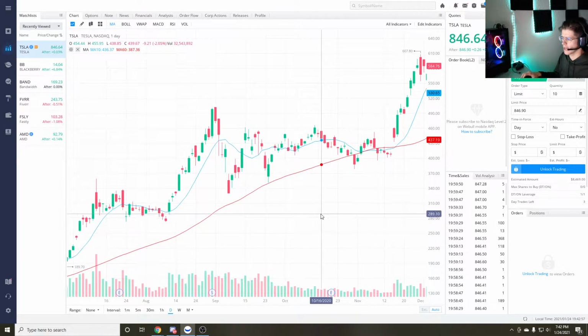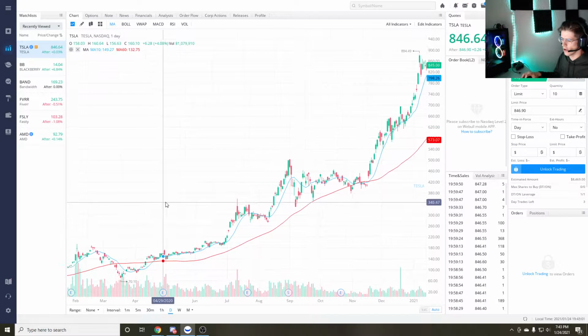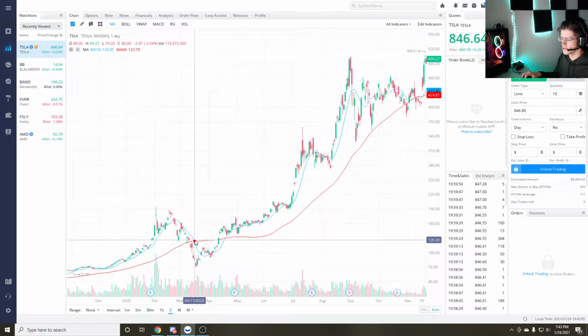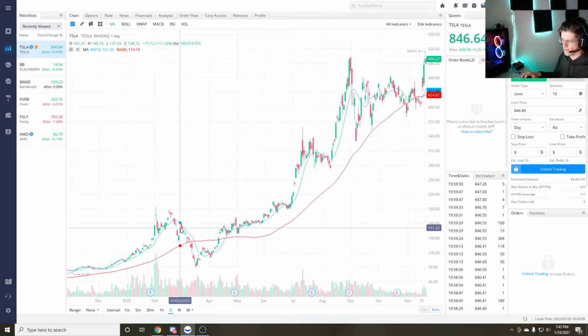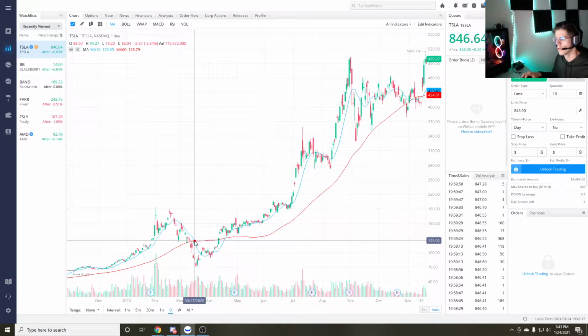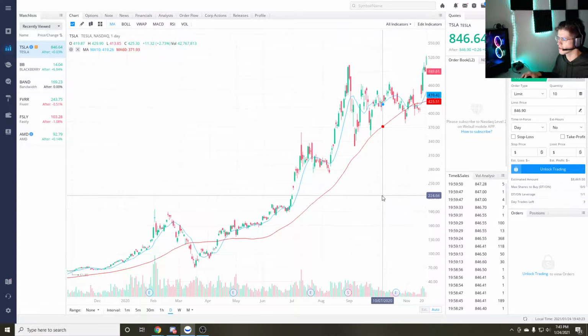Usually, and Tesla is kind of a bad example on the daily, because back all the way in here in April was a death cross, where the shorter moving average crosses below the long range moving average. In this case it was because of the drop in March, where we saw with COVID everyone panicked a little bit, and that sell-off is relatively small in comparison to everything that's happened.